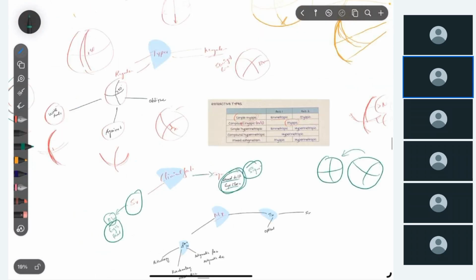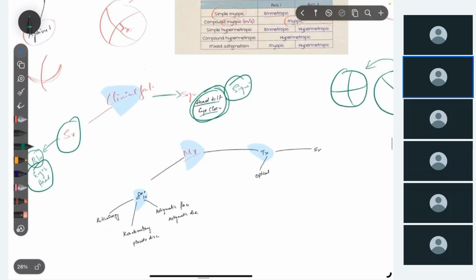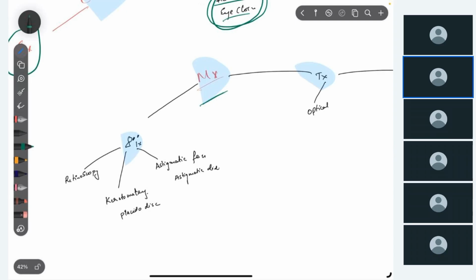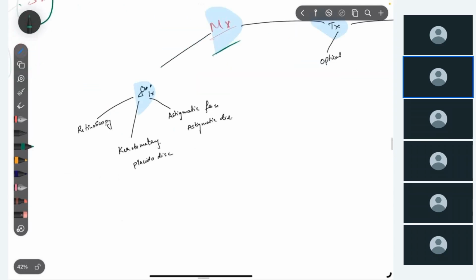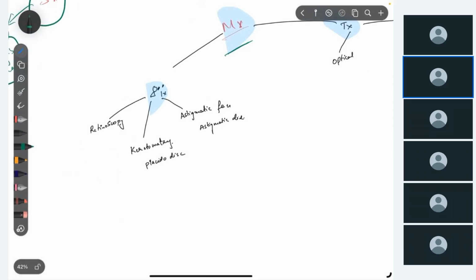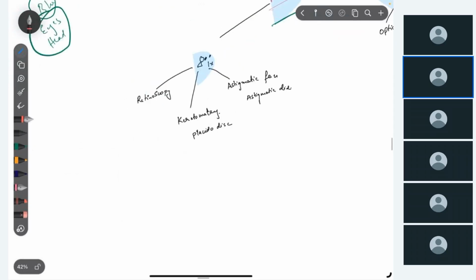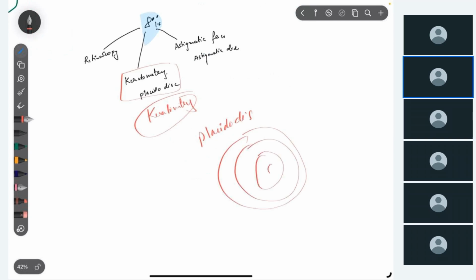Then the management of astigmatism. For managing astigmatism, you need to know the curvature of the cornea. To know the curvature of the cornea, you can use keratometry. Keratometry is a technique where you can assess the curvature of the cornea, or you can use a Placido disc. In the Placido disc, there is a disc having alternate light and dark bands.